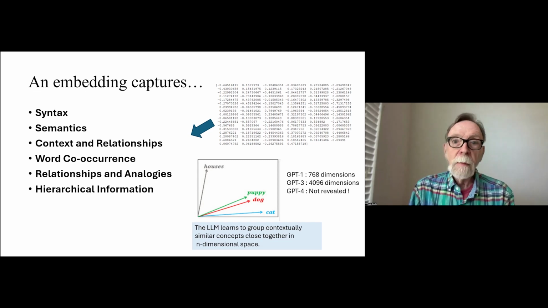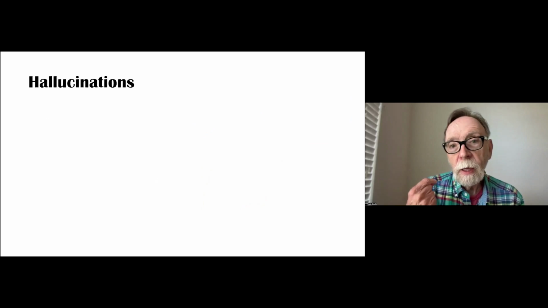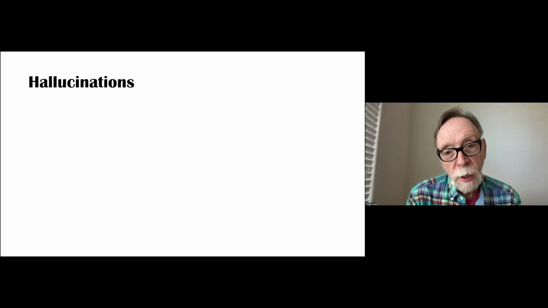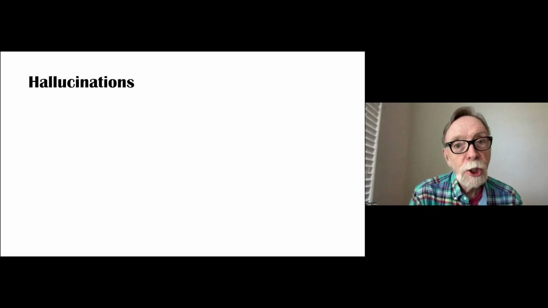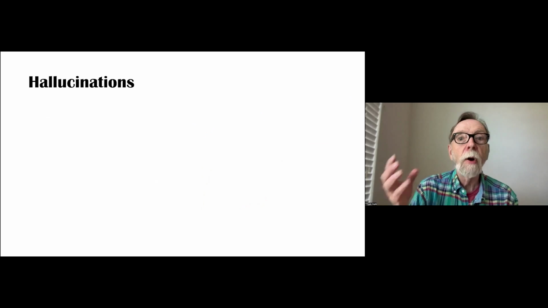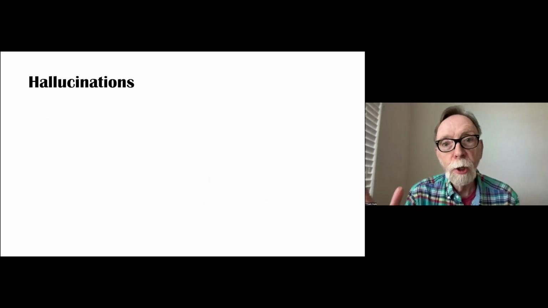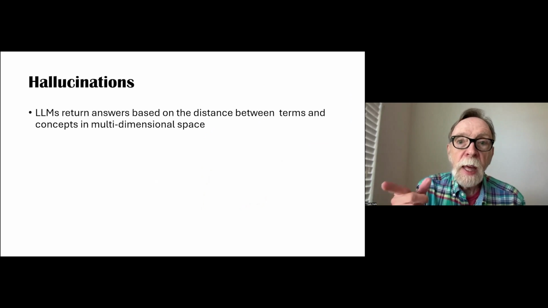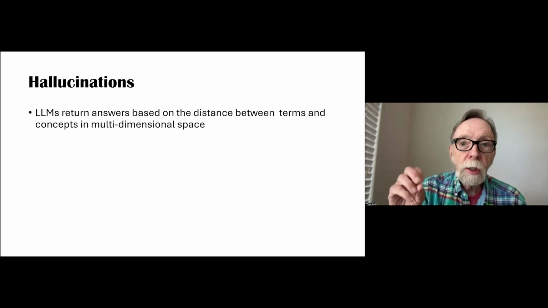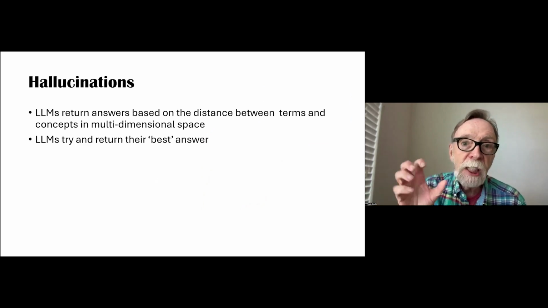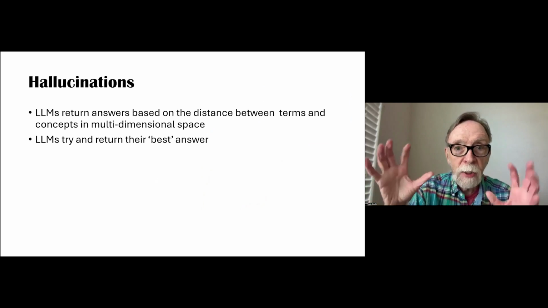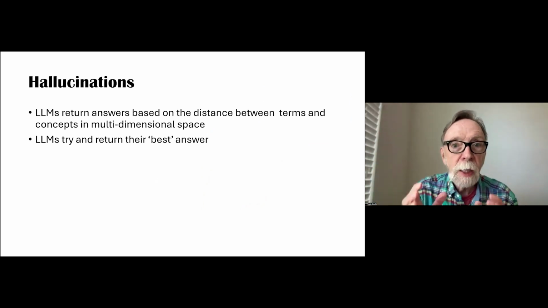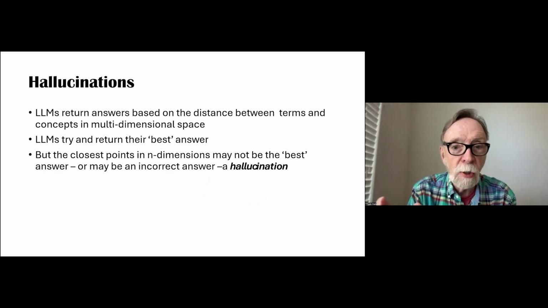Okay. A common term that we run into, and it's important to try to understand, is what hallucinations mean. We often talk about, oh, this large language model is hallucinating. Well, what does that mean? They are trying to return the closest answers based on the distance between terms in this n-dimensional space. They try to give their best answer.